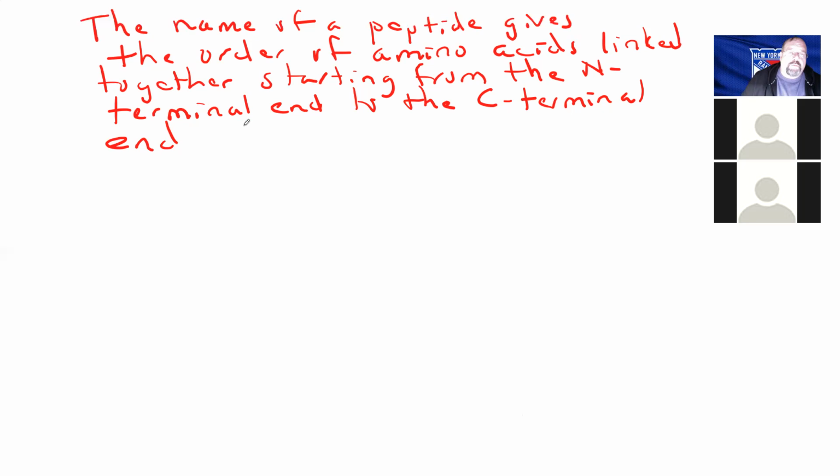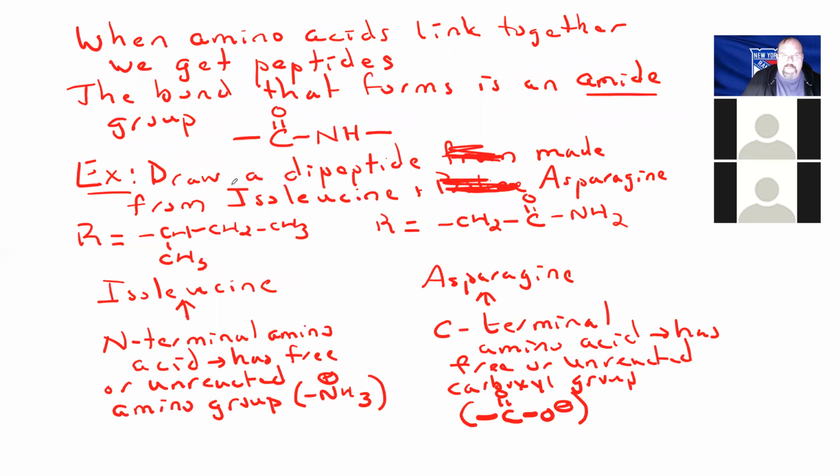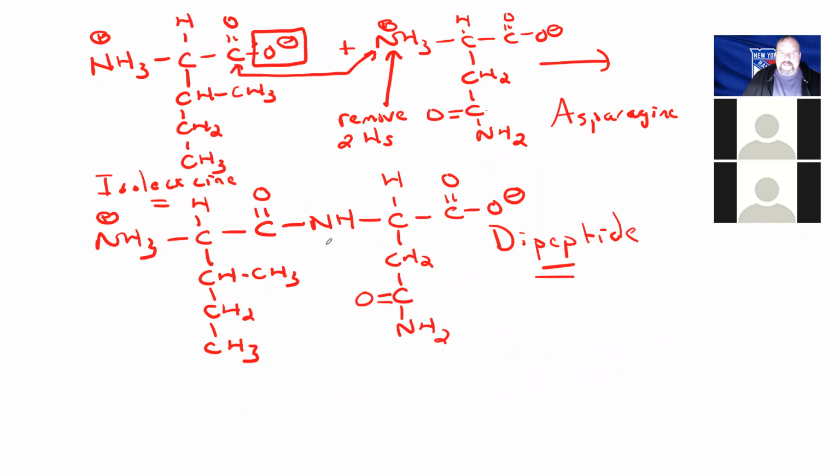Now, the order is so important because if you go back to the example that we just did, when we talked about drawing a dipeptide made from isoleucine and asparagine, this is not the only possibility. The other possibility would have been that I could have made asparagine the N-terminal amino acid and made isoleucine the C-terminal amino acid. And what you would find is if you were to draw that structure, it would not be exactly the same as we drew here.